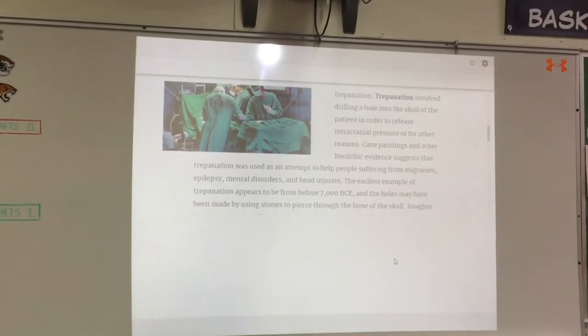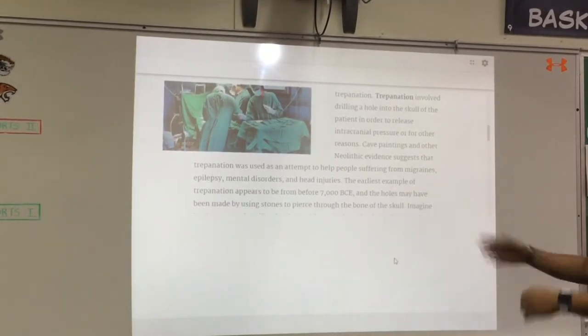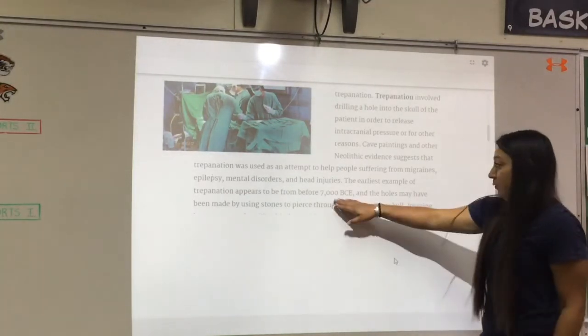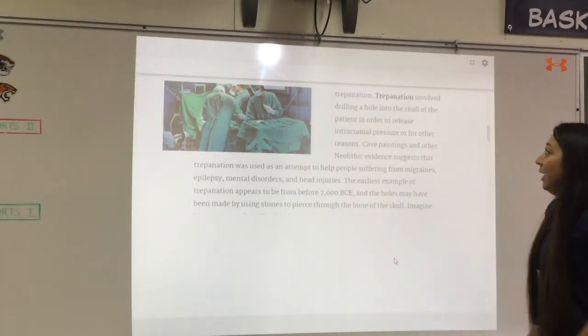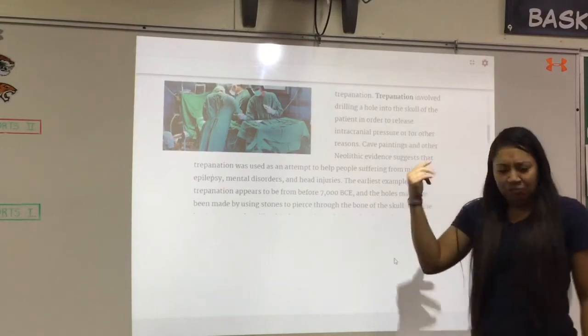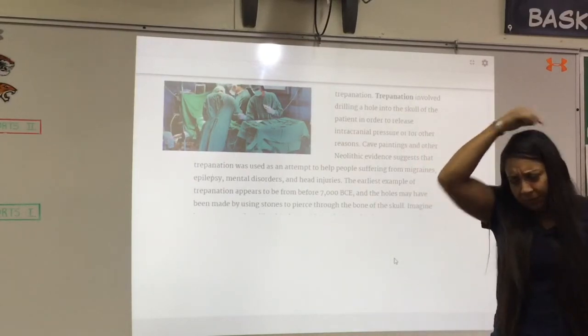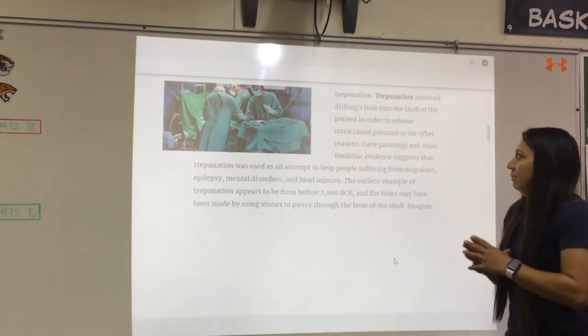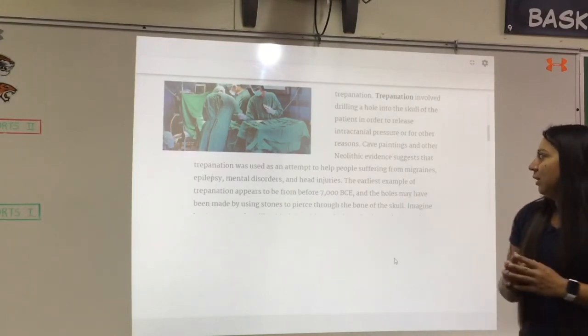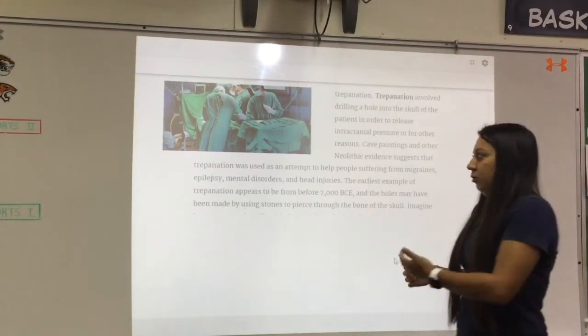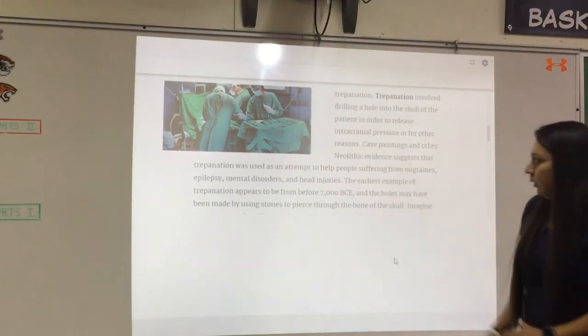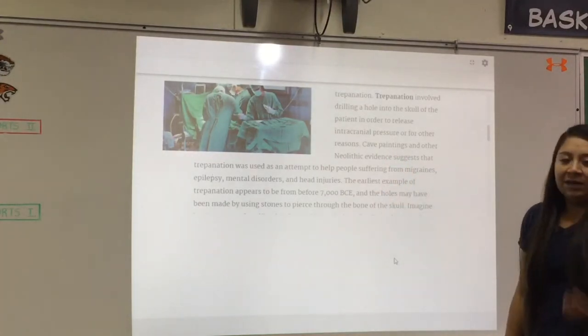So as I mentioned, we'll be going over a process that was used way back, as far back as 7000 BCE. It was called trepanation. It involved drilling a hole in the skull at different points to release intracranial pressure. As you go on reading this little page here, it could be found back in cave paintings.